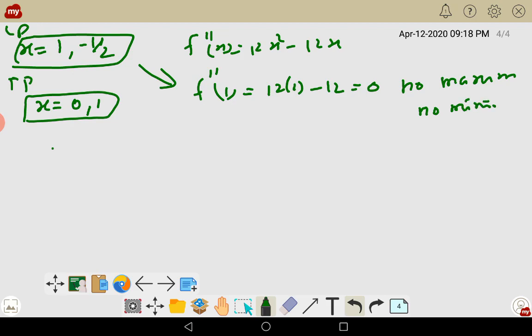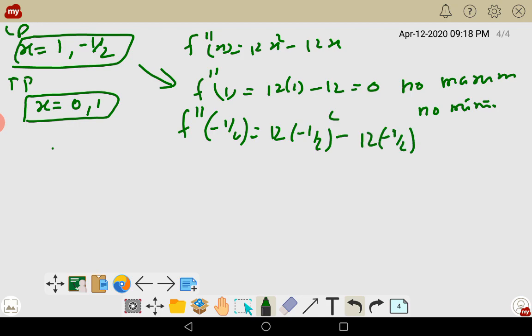And at the second point, f double dash of negative 1 by 2. So 12 into negative 1 by 2 whole square minus 12 into negative 1 by 2. What do you get? Use calculator. Are you getting positive or negative? This is 12 into 1 by 4, which will be 3, plus 6.